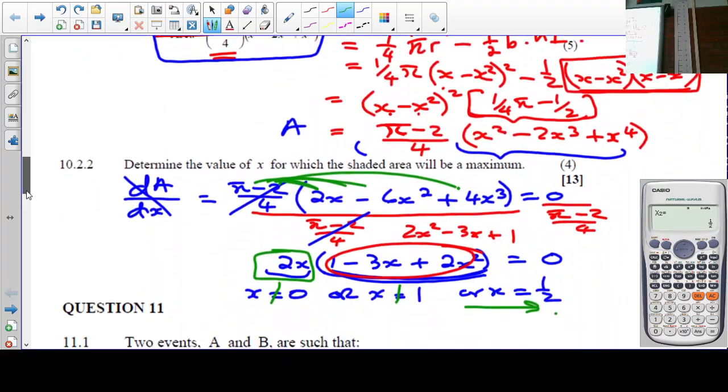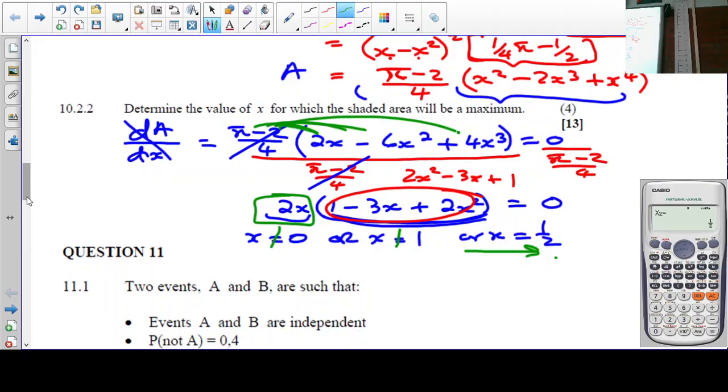We would have taken this x equal to half, and then substituted back into this formula here, and then we would have gotten the maximum area. Remember that the maximum area occurs at the maximum value of x, which in this case is half.